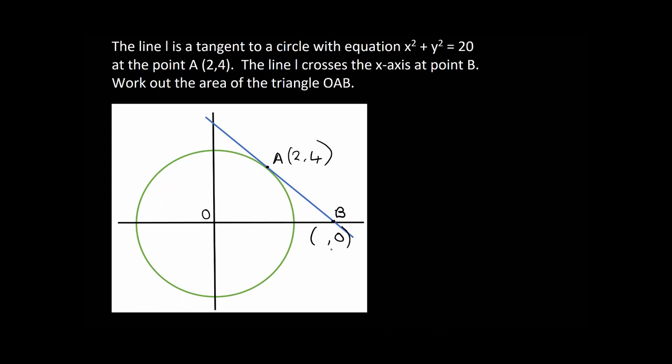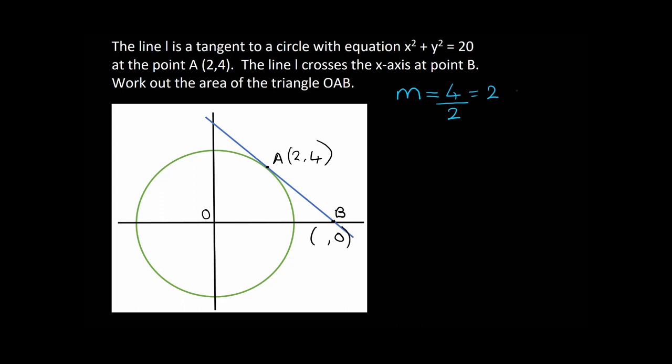Now we've just been through that process in a previous example. So let's get to that point and then we'll see how that helps us to do the final bit, what they're asking for, which is working out the area of a triangle. So remember, we need to get the equation of that blue tangent line, starting by getting the gradient of the radius going up to A, and the gradient of that radius will be 4, the change in y, over 2, which is 2.